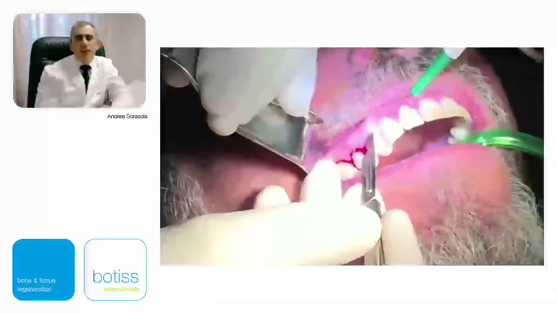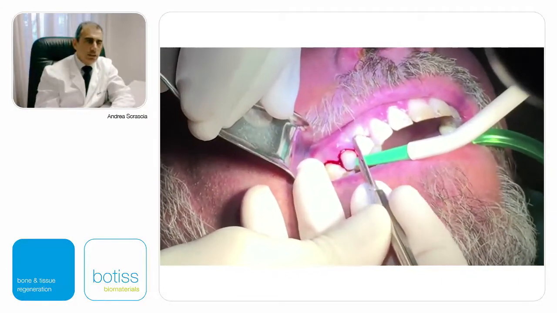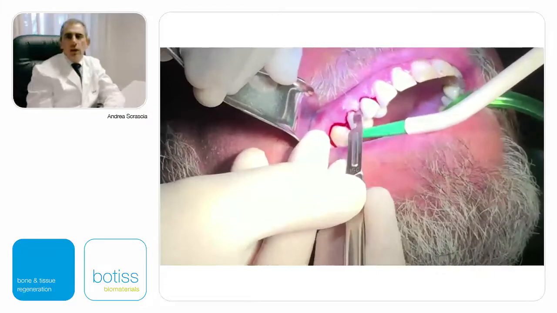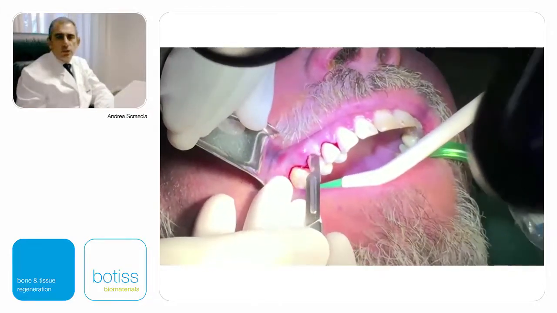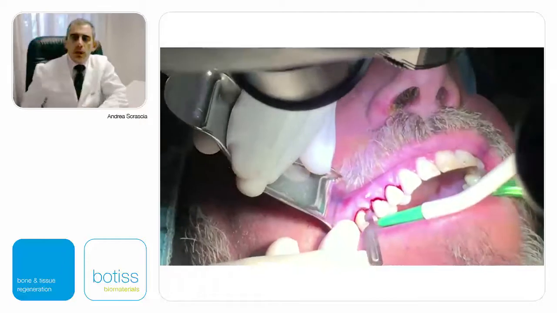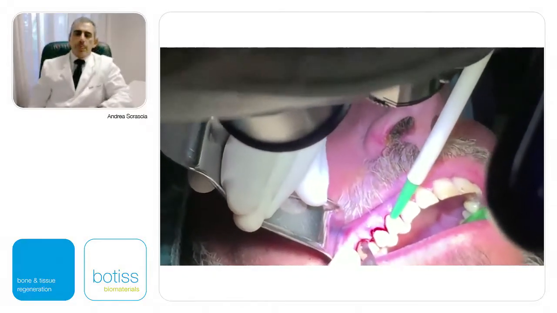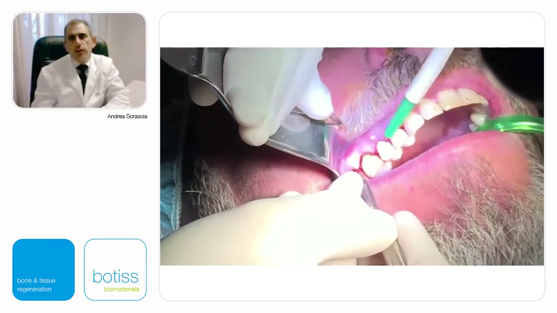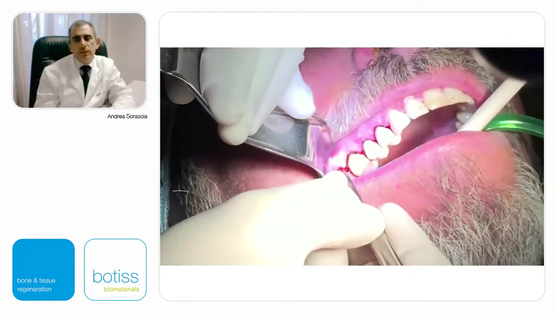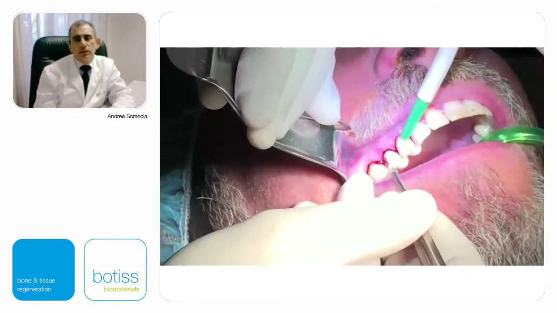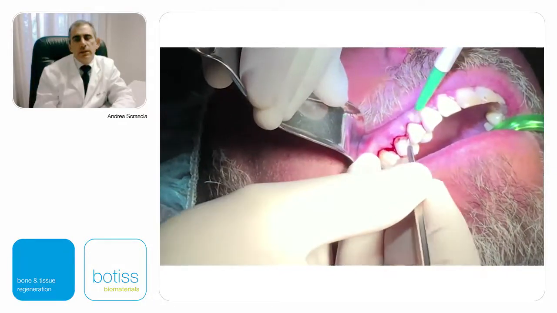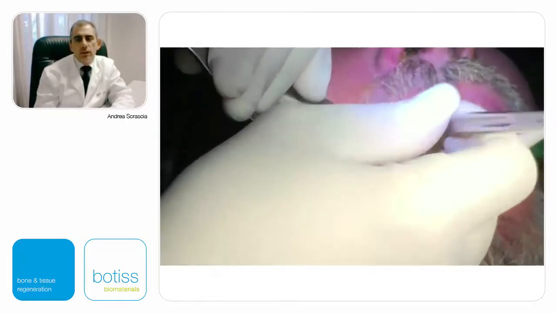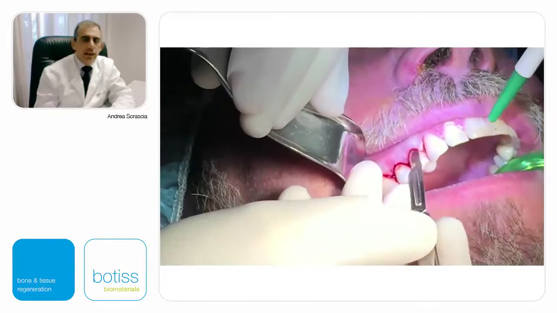So we can see the intrasulcular incision technique, having a correct finger position in relation to the blade, so it can enter parallel to the vertical tooth axis. The distance is to be determined having a correct holding point using the right oral retractor.